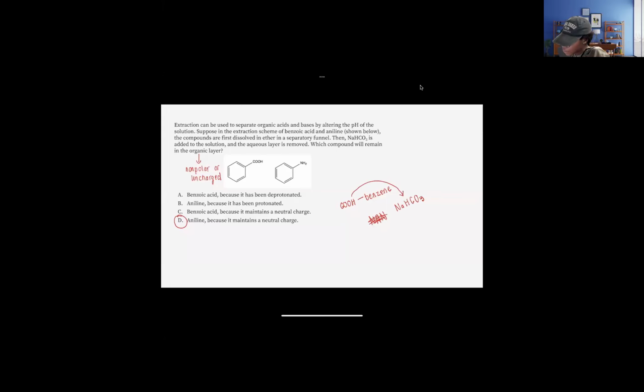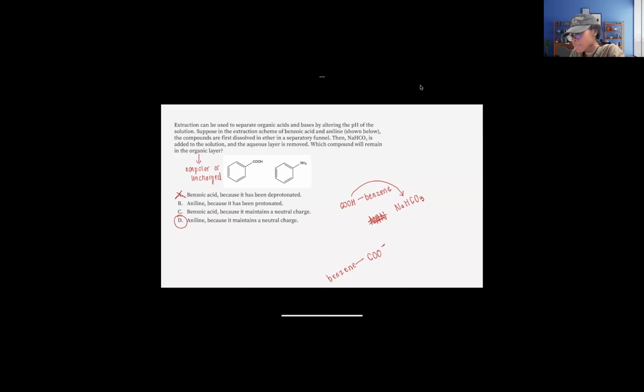That hydrogen will go to sodium bicarbonate. It will end up with COO minus and benzene instead. And now that it's charged, it will then move into our aqueous phase. And because of that, we know that it won't be in the organic phase. And we can then rule out A, because since it's been deprotonated, it's not going to be in the organic phase.